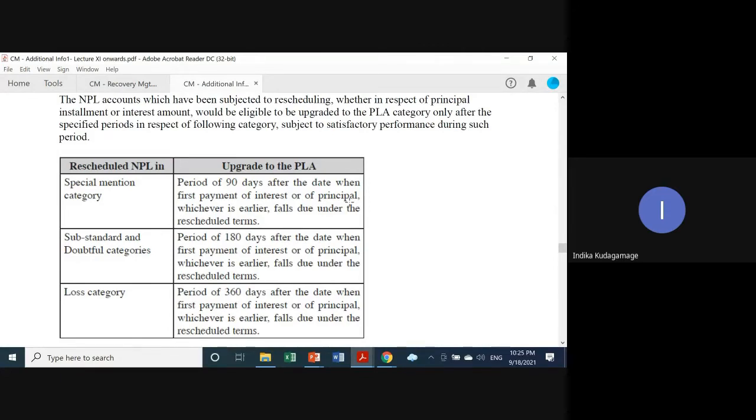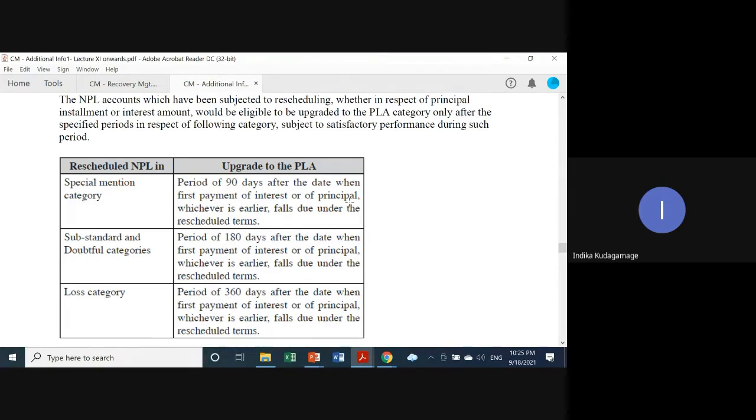And again, once you reschedule or restructure, you have to watch the number of days in arrears, pre-reschedule and after reschedule. If a customer is 60 days in arrears before the rescheduling, and after the rescheduling he goes bad for 30 days, it is 90 days.